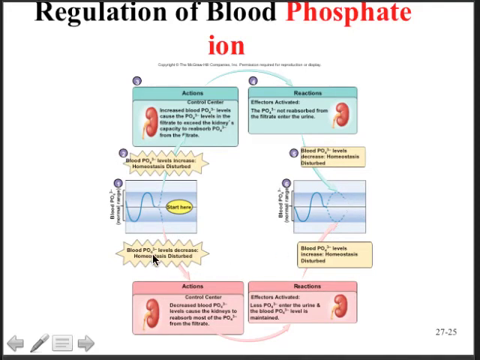On the flip side, if blood phosphate levels decrease, we're going to see a decreased blood phosphate level, causing the kidneys to reabsorb most of the phosphate from the filtrate. The result is the phosphate levels in the blood plasma will climb.